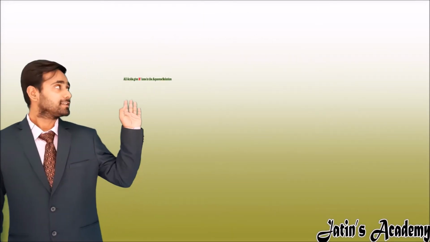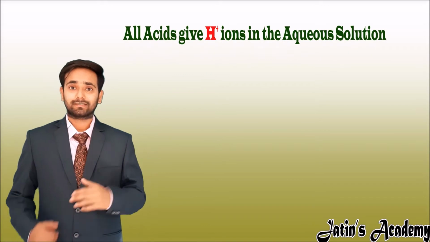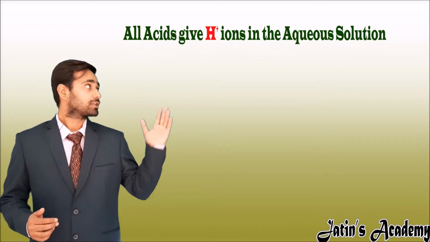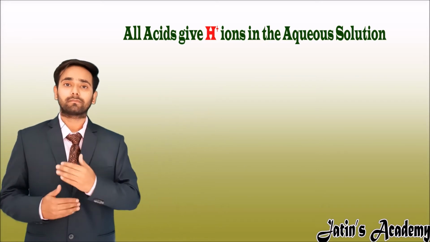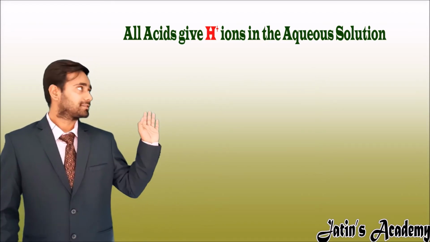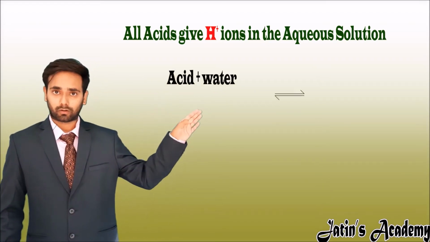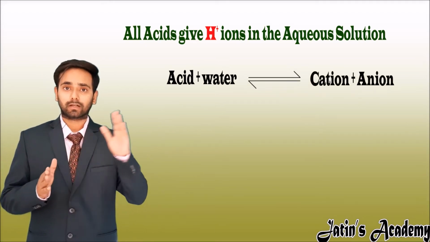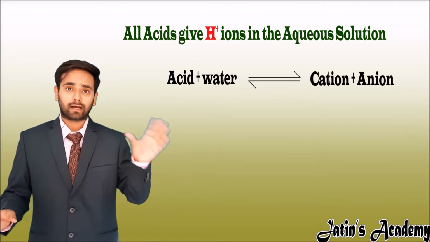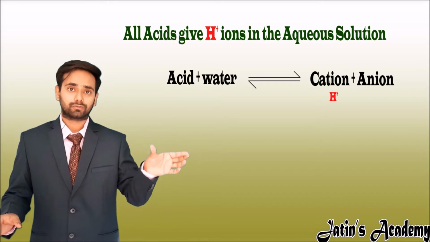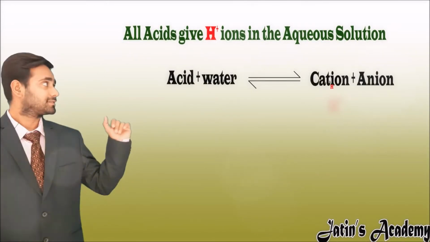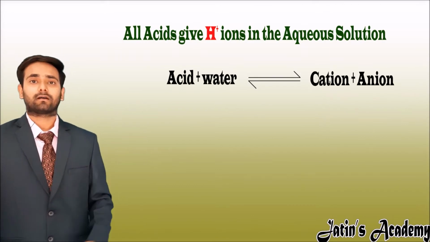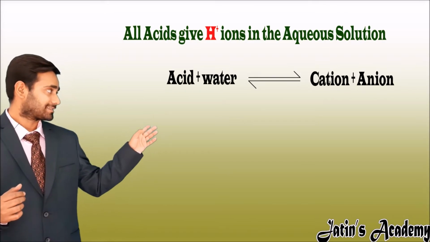Going further, one thing common in acids is that they give H positive ions in the aqueous solution. Now what is the meaning of this? When acid is added to water, it dissociates into cation and anion. Cations are positively charged, usually H positive ions. Let's see this with an example. Take HCl.